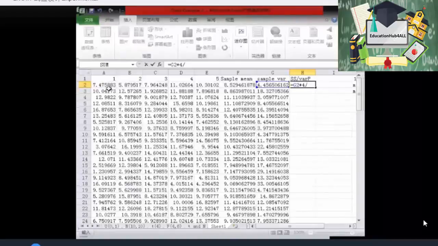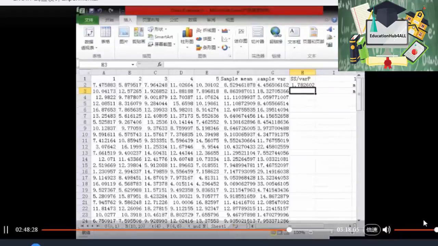The variance of the population. When we did the simulation, what is the variance of the population we simulated? It's 10, right? So dividing by 10 actually gives us this value.